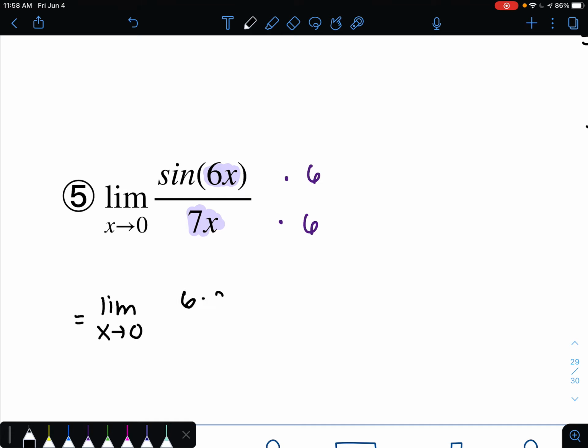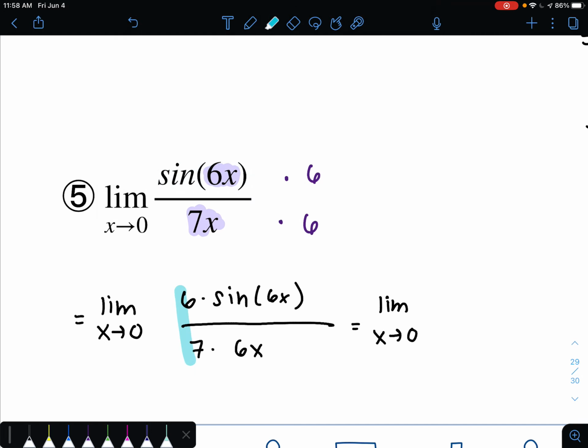Now this is going to equal the limit as x approaches 0 of 6 times the sine of 6x, and instead of multiplying 6 by 7, I'm going to have 7 times 6x. They're the same thing, and multiplication is commutative, so I can switch the order in the denominator.